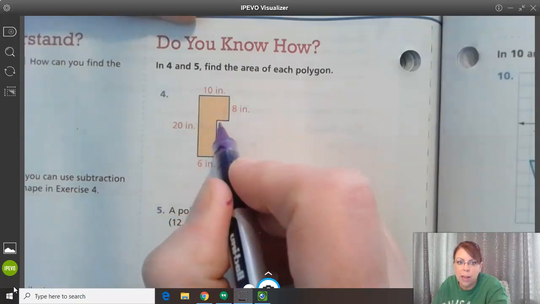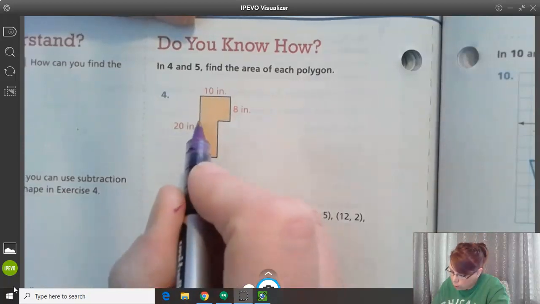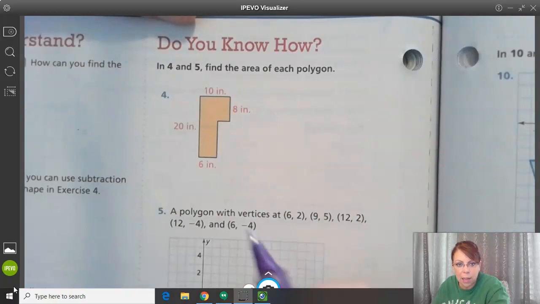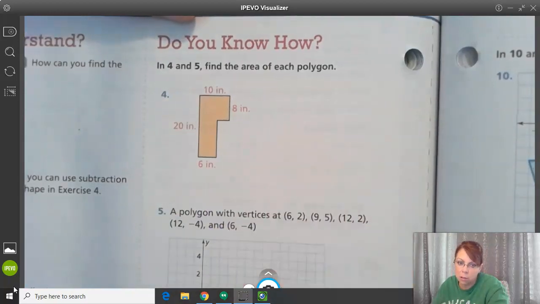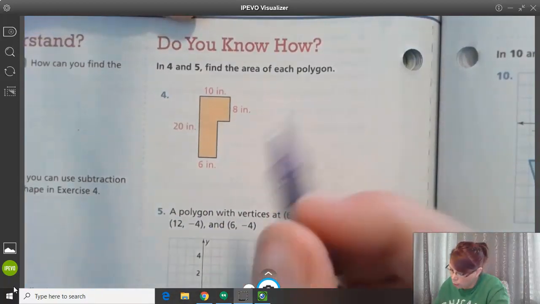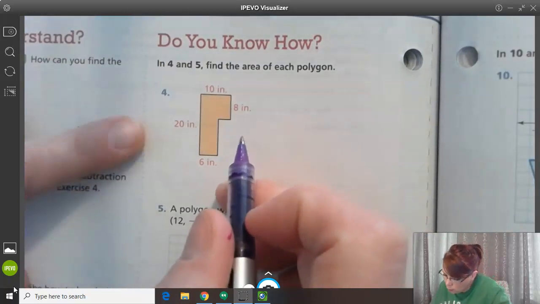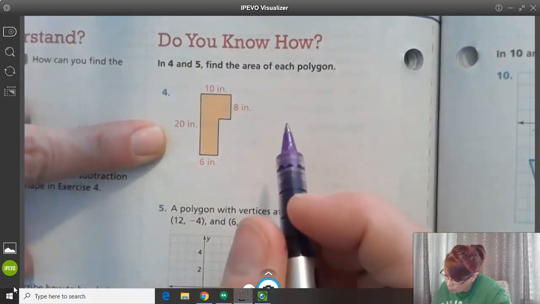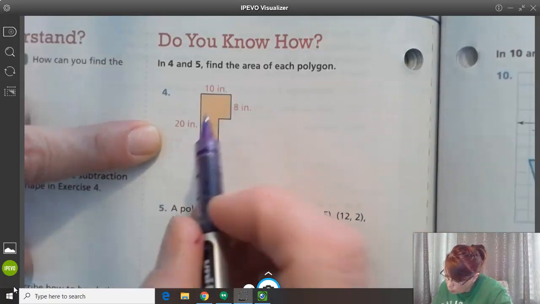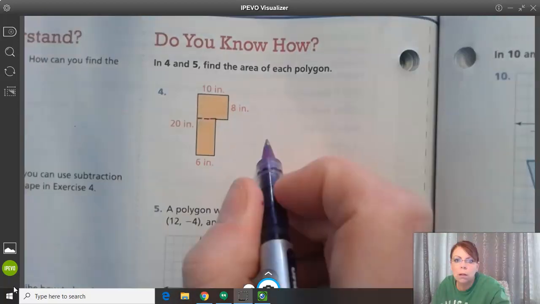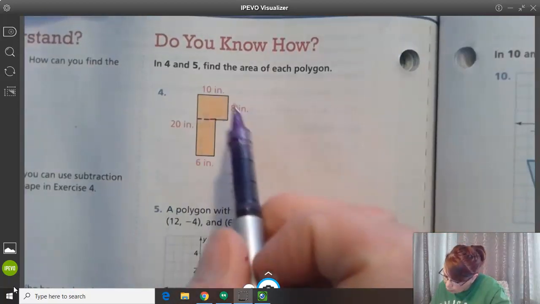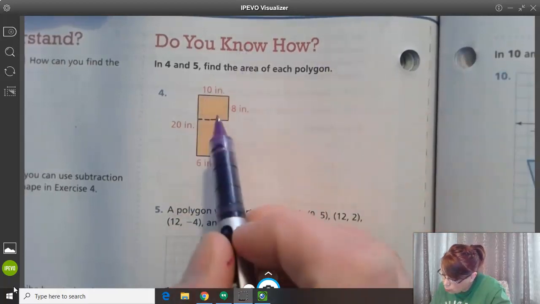You could cut it right here, or you could cut it right here. You're going to get the same answer both ways, assuming that you solve it correctly. So I'm going to cut it this way. All right, so now that I have cut it, I have my dimensions for these 2 shapes.